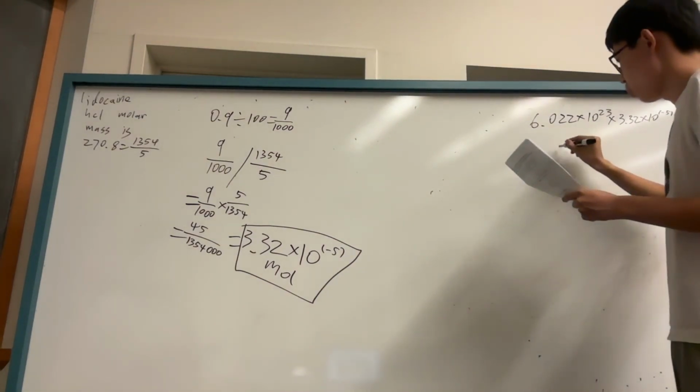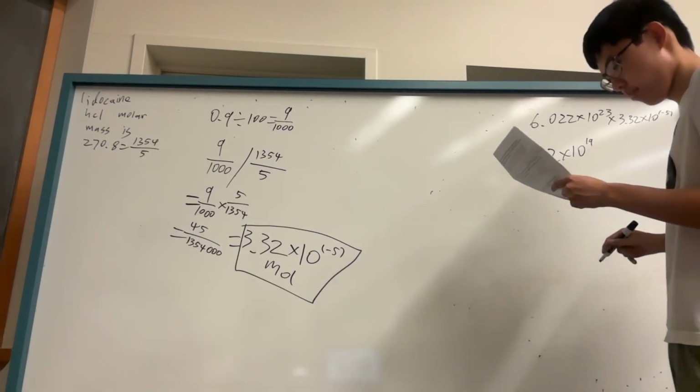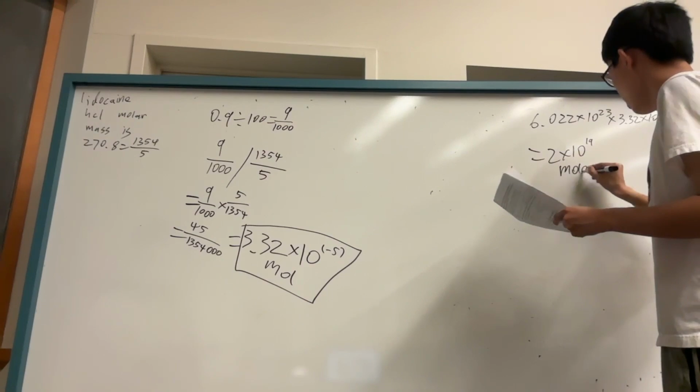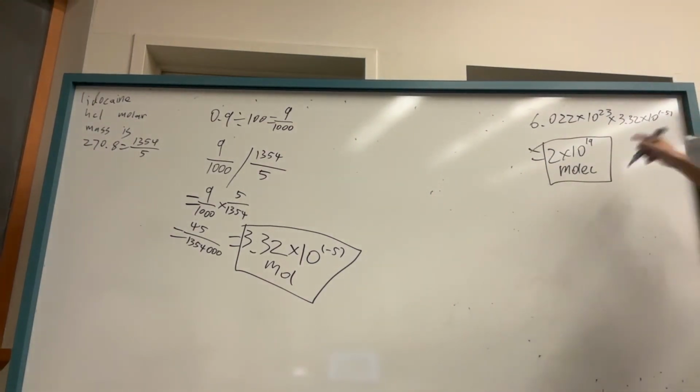This is equal to 2 times 10 to the power of 19 molecules. So they're giving this many molecules to the child in the question.